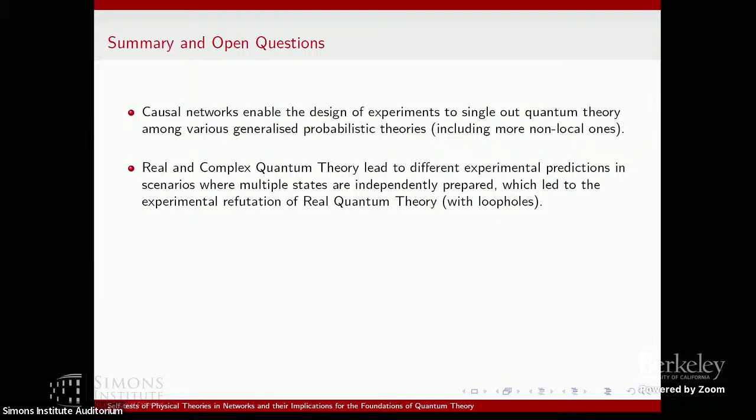Specifically, quantum theory over real Hilbert spaces can be excluded in this way, and this has even been done experimentally, with loopholes still, but I think there's good indication that this will be closed soon as well. So this works.